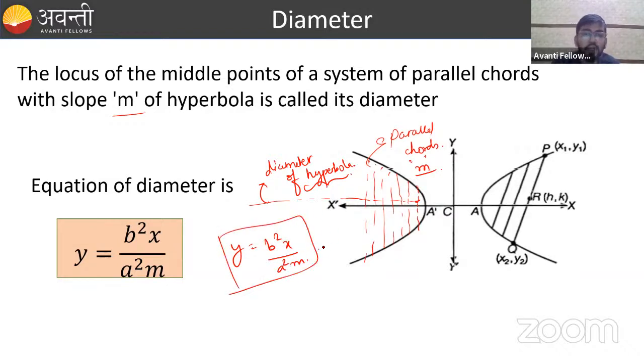So the hyperbola has a lot of diameters, so every time you change the slope of the chords, you will get a different diameter, right? So you can say that the hyperbola has infinite diameters.